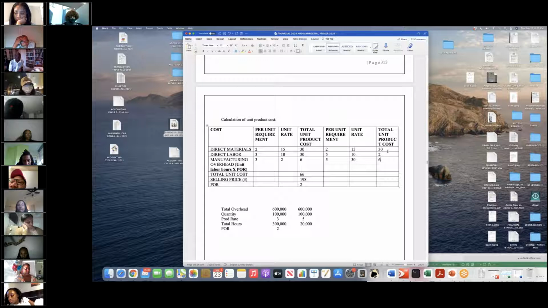But when we do the total product cost now, it's 38 as opposed to 66. Our POR, as we said, is 30. And what's our selling price now if the multiple is 3?